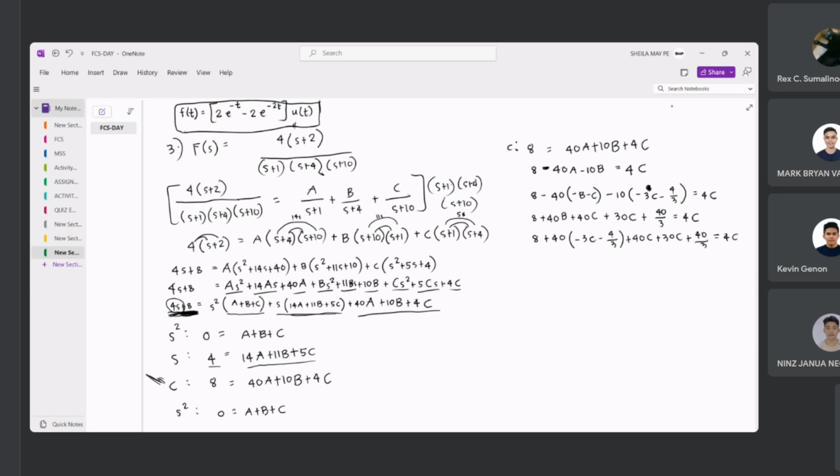Okay, so 8, okay, positive 40 times negative 3C is minus 120C, and positive 40 times negative 4 thirds is negative 160 over 3.